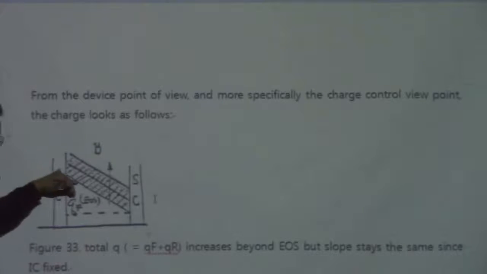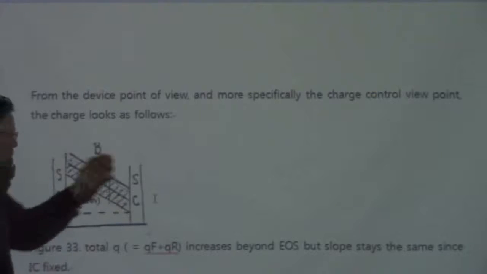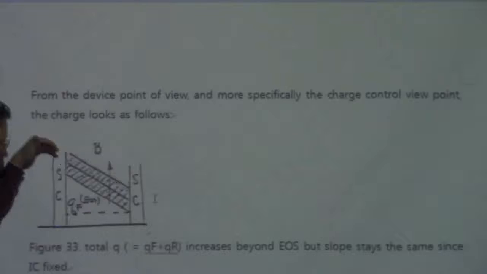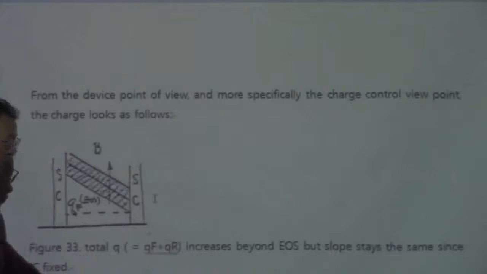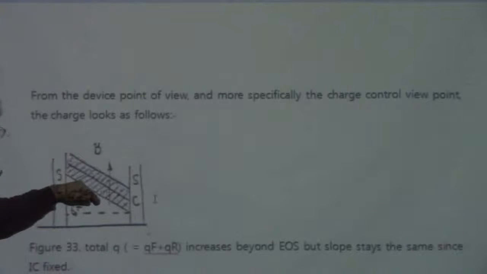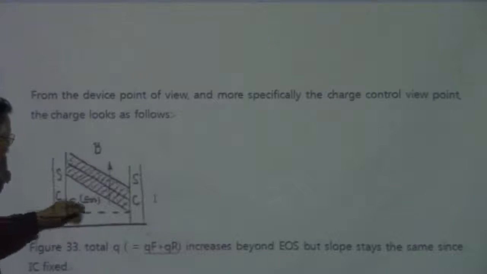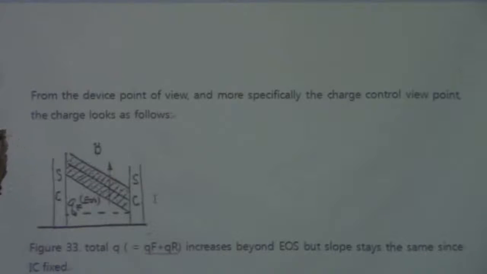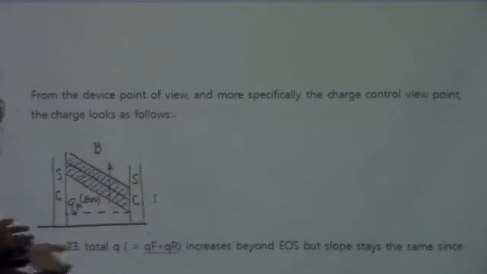The slope is related to the current between the emitter and the collector, so even though you increase the base current, it just increases the total amount of this QF, not changing the slope, so the current is going to be saturated. It's not going to be any more than this.